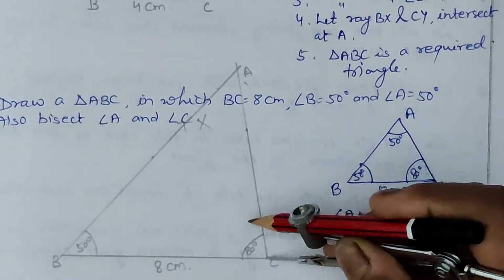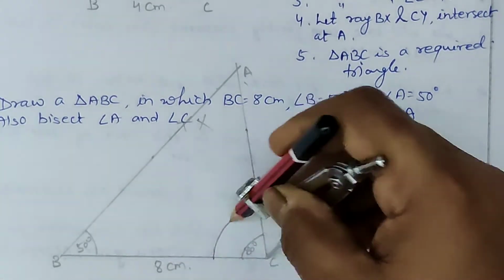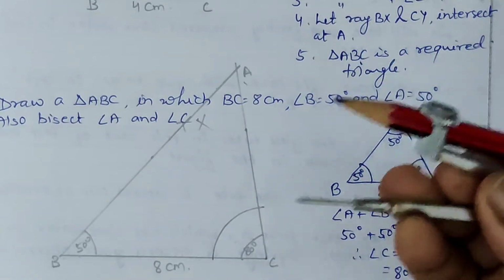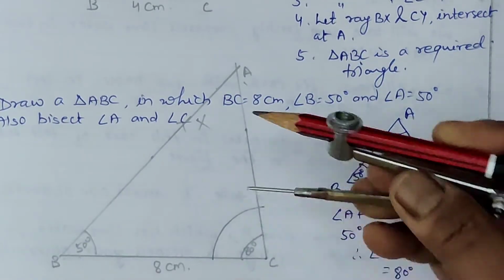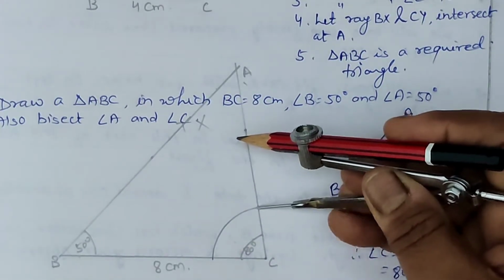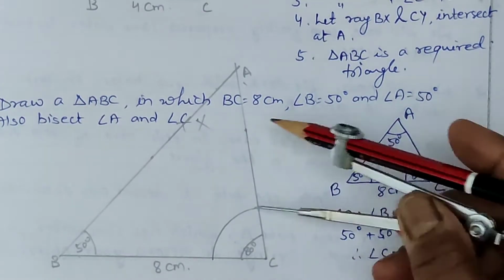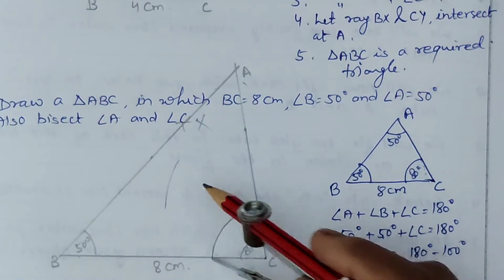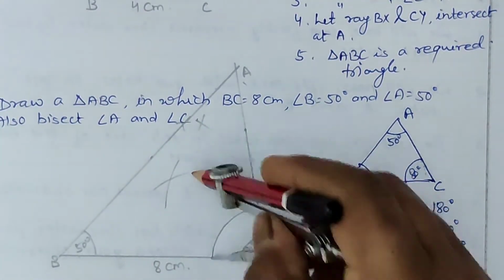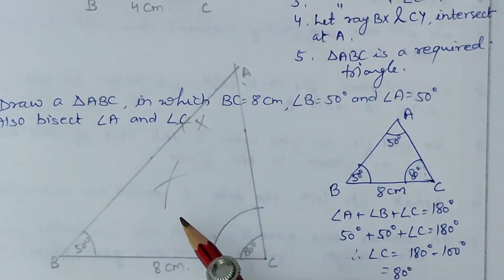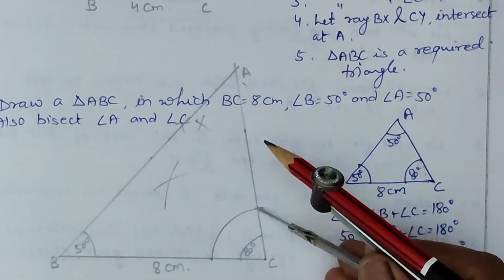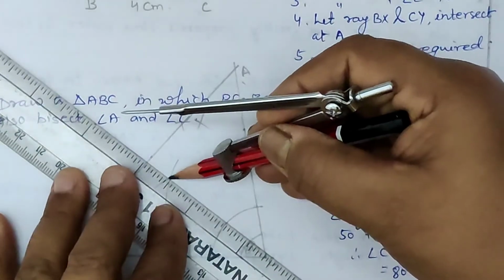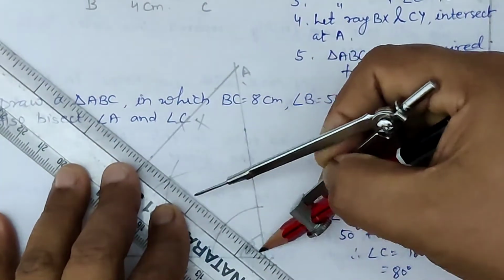Just draw an arc. You can take the distance and cut an equal arc from this point. Okay, one arc from this, and one from the second. From where? One end of the angle and the other end of the angle. Now join. This is the bisector of angle C.